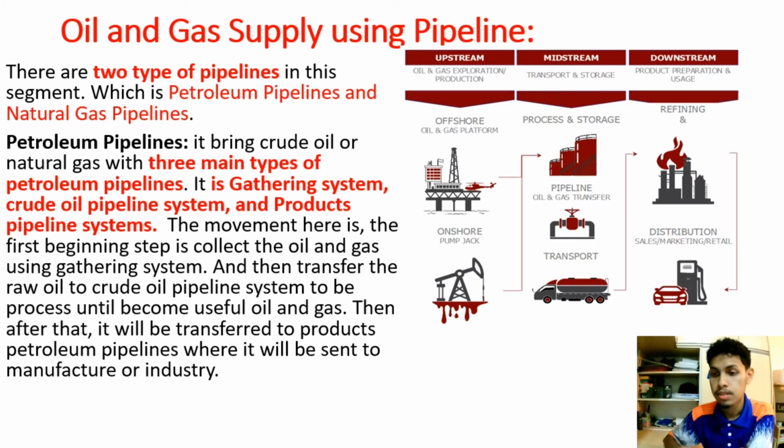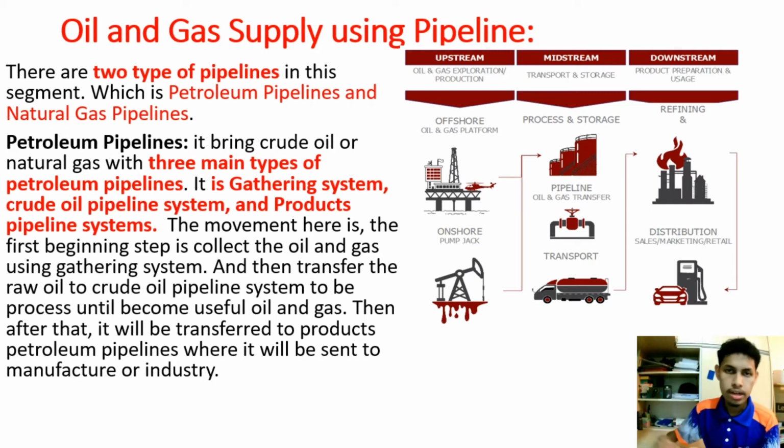Okay. So as we can see right now, there are three main pipelines used in the oil and gas supply pipeline. The first one is the gathering system pipeline, the second one is the crude oil pipeline, and the third one is the product pipeline system. Alright.